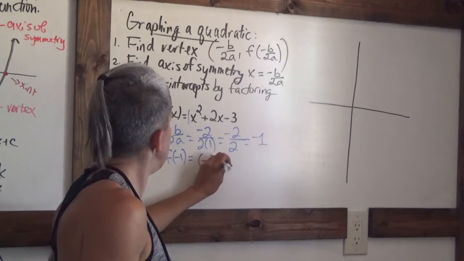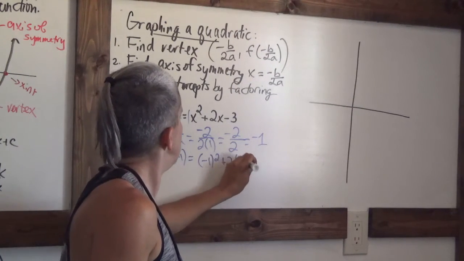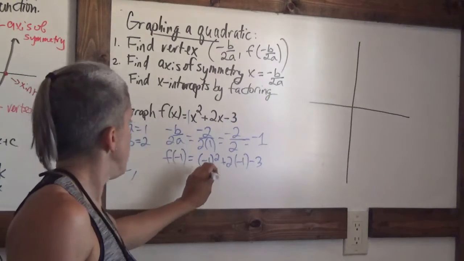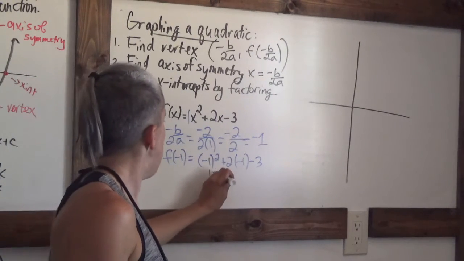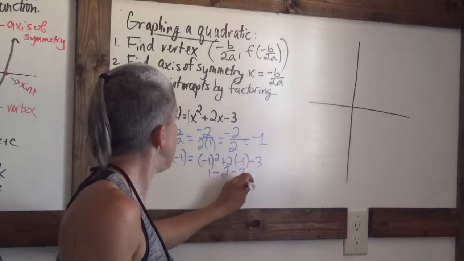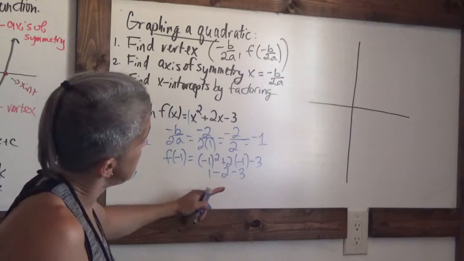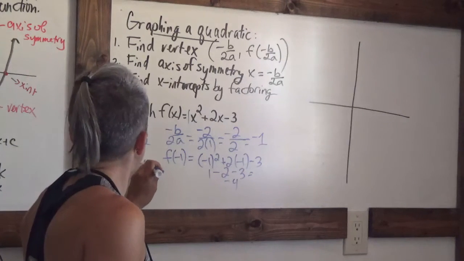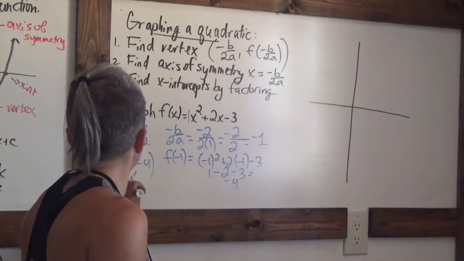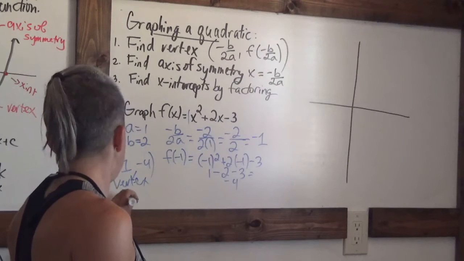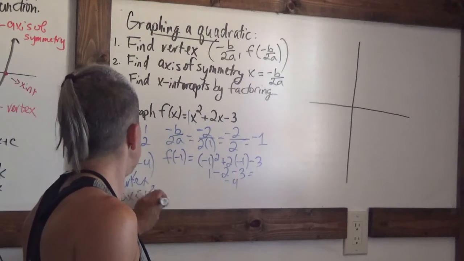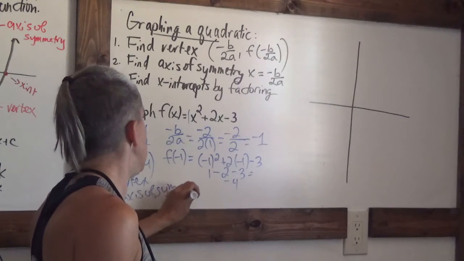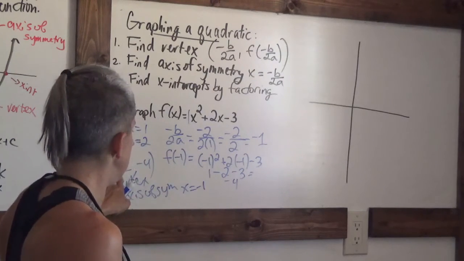So negative 1 squared, do our order of operations. This is positive 1. Minus 2 minus 3. 1 minus 2 is negative 1. Negative 1 minus 3 is negative 4. So my vertex here is negative 1, negative 4. My axis of symmetry is x equals negative 1, right?